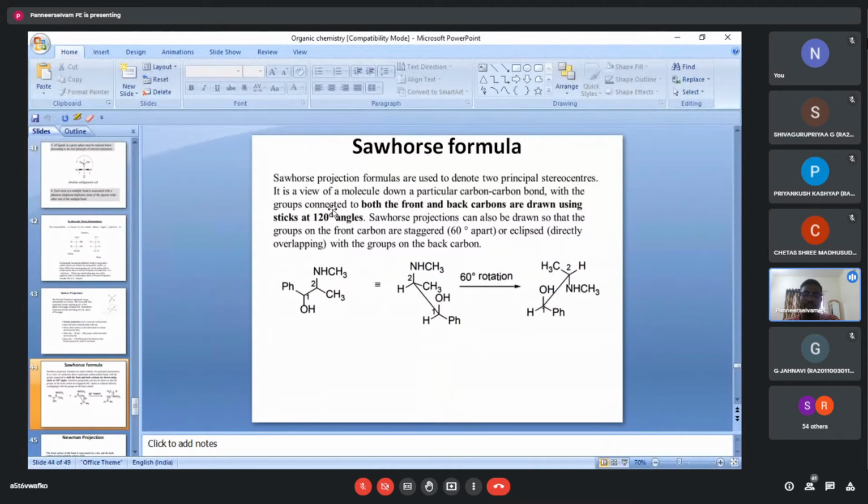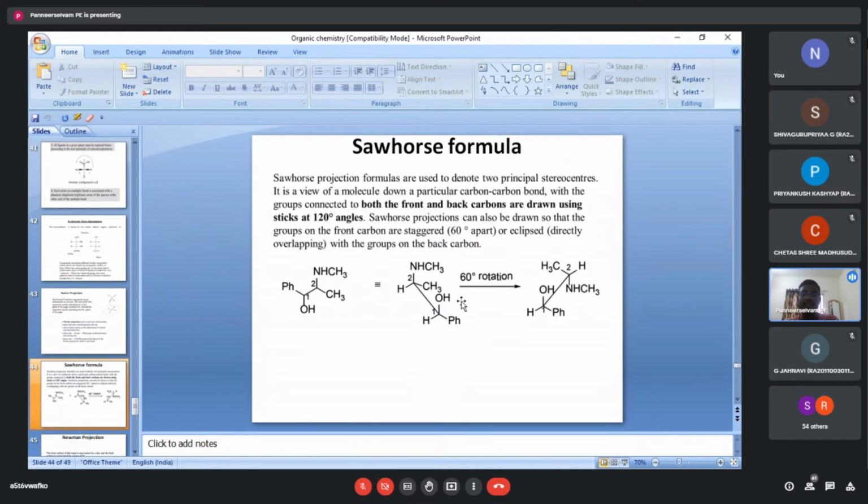So, sorry, the Sawhorse projection. These are the two principles of the stereocenter. You view the molecule down a particular carbon-carbon bond, with the groups connected to both the front and back carbons. This is the front carbon, this is the back carbon, using a stick at a 120-degree angle. The Sawhorse projection can also be drawn so that the groups on the front carbon are staggered.